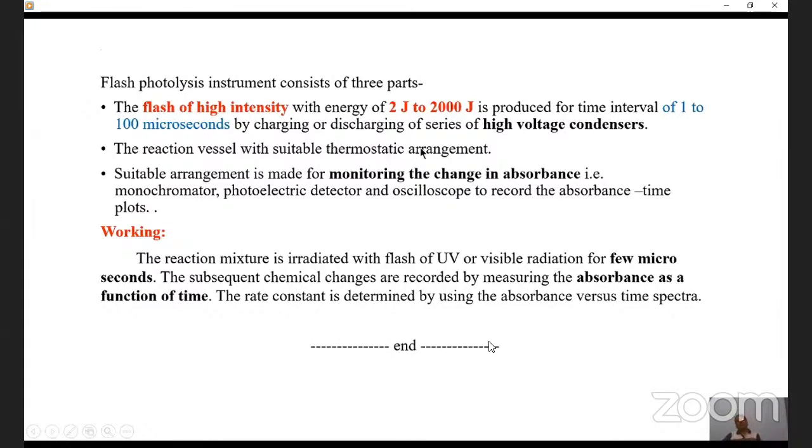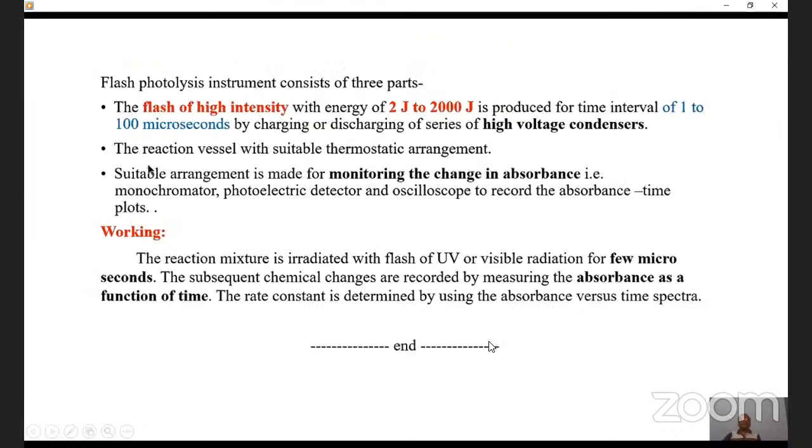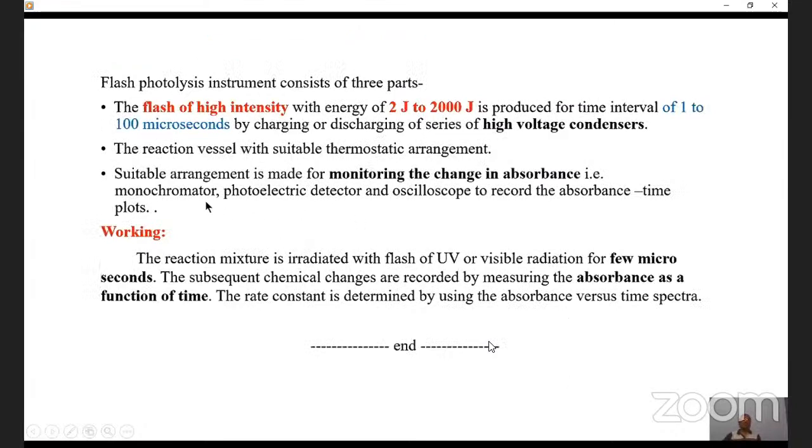By charging and discharging of a series of voltage condensers. Then the reaction vessel with a suitable thermostatic arrangement.